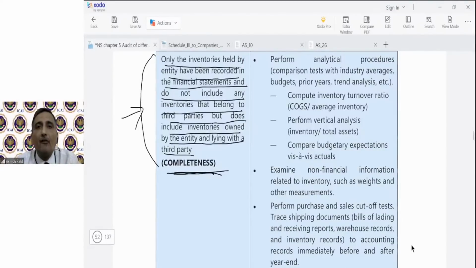Why? Because that part of inventories lying with the third parties has not been recorded by me, whereas it should have been recorded, because these inventories belong to my company. So that is an important point to be taken care of, students.